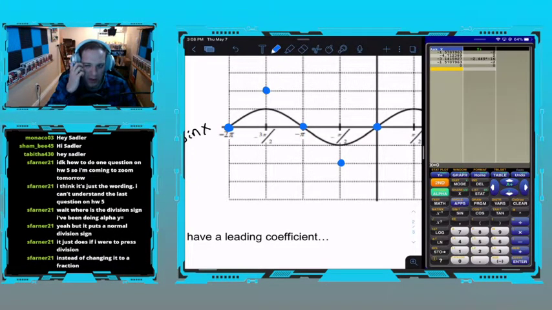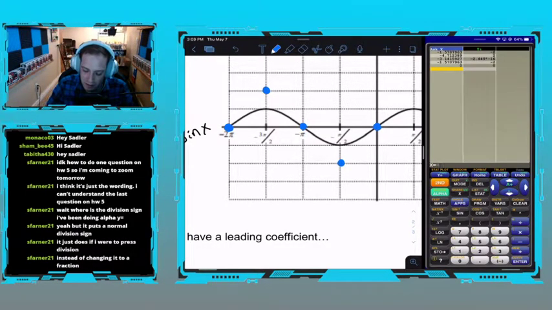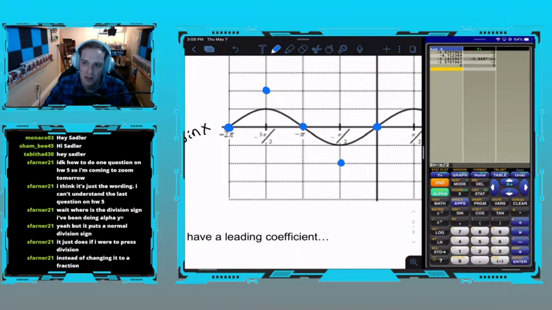It shouldn't change it to a fraction at all. When I'm typing it in, I'm just typing in negative pi, and I just hit the division sign 2. If it's showing it as the division symbol, it still means the same thing. It's not changing anything into a fraction for me.